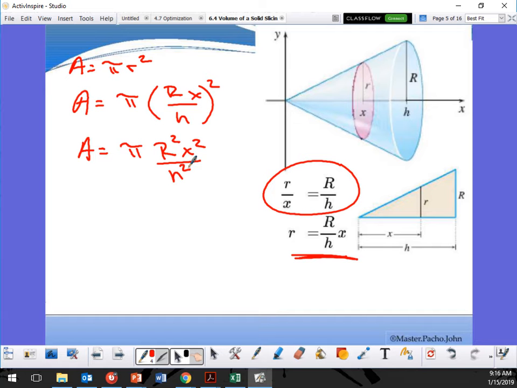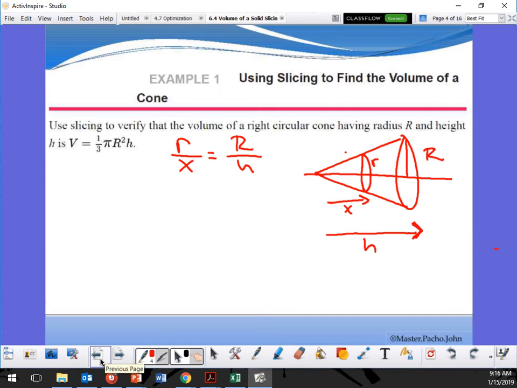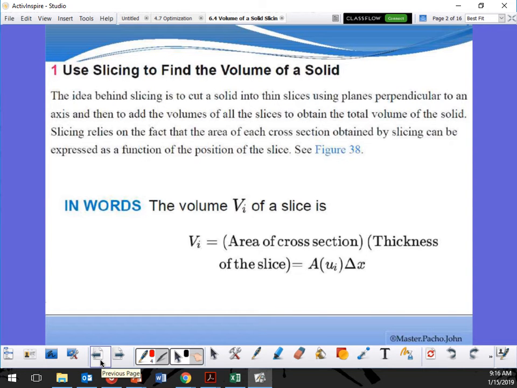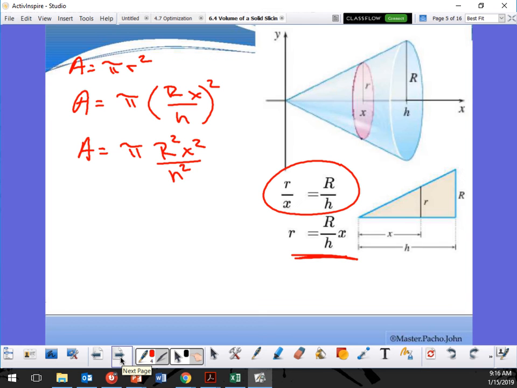So we're trying to verify this. If we go back, we're verifying this using this right here. Slicing: area of the cross section times the thickness of the slice. And the thickness of the slice in this case would be what?